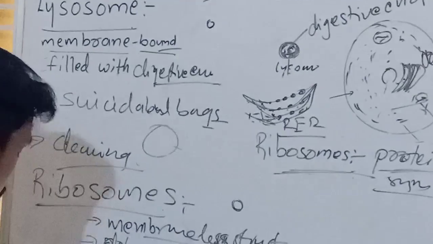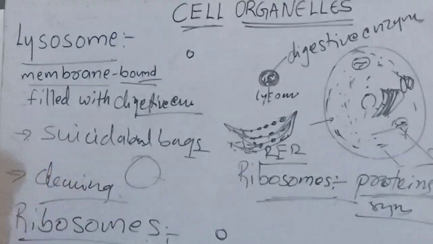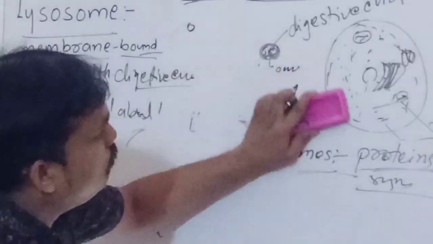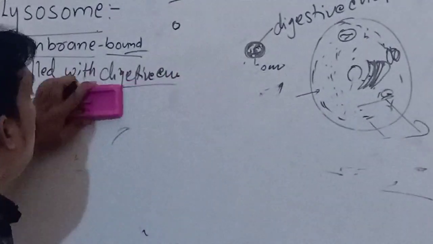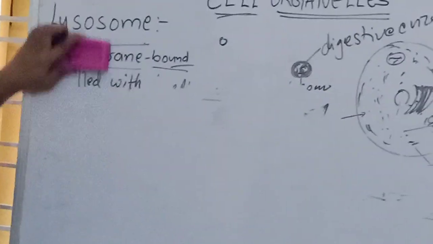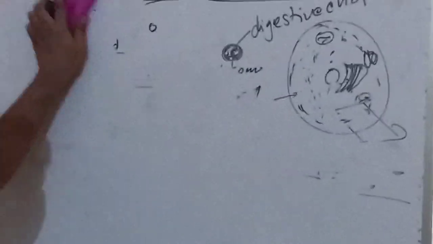After ribosomes, we are going to discuss the cell wall. What is the difference between cell wall and cell membrane?